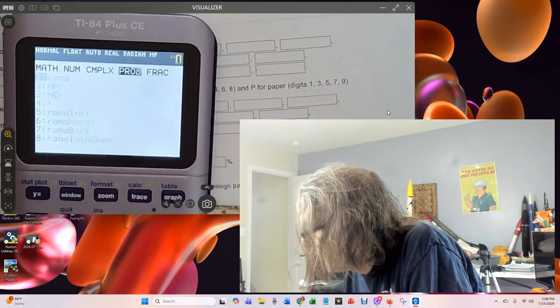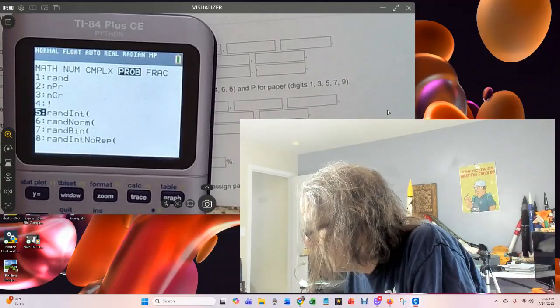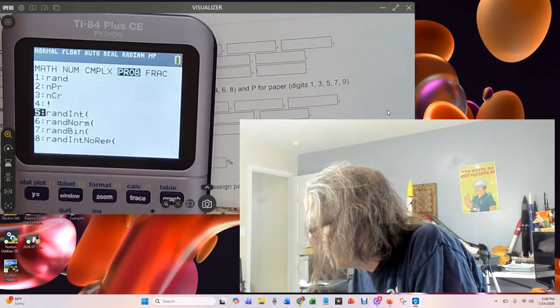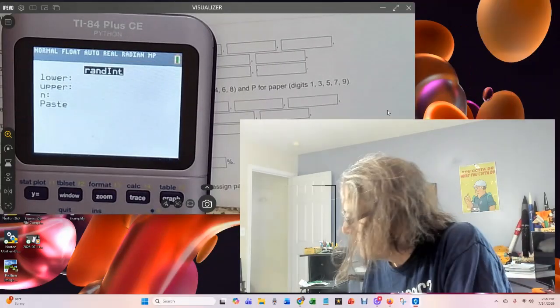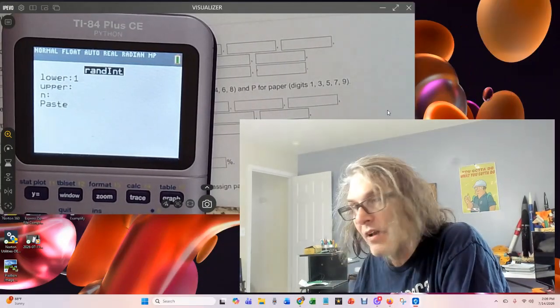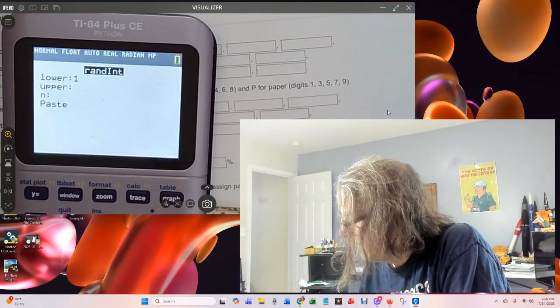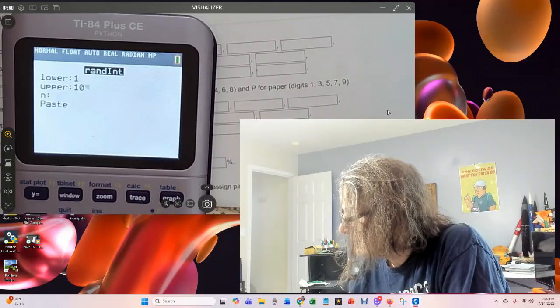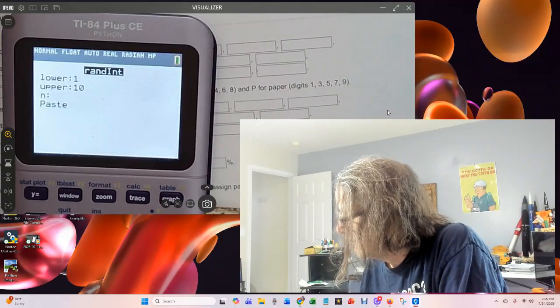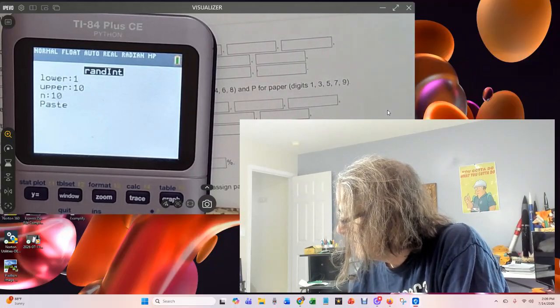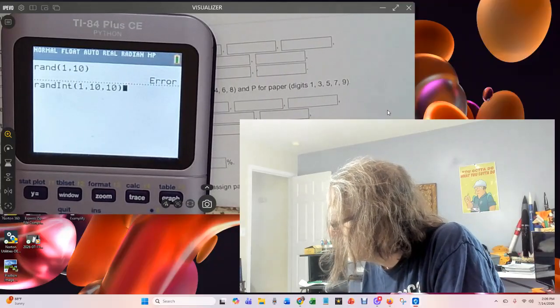The random integer. I would like to have seen how that worked, but hey, it's not worth it. Notice this random integer thing comes up. We want to put a lower limit here, 1, an upper limit of 10, right? And then let's see what we have.